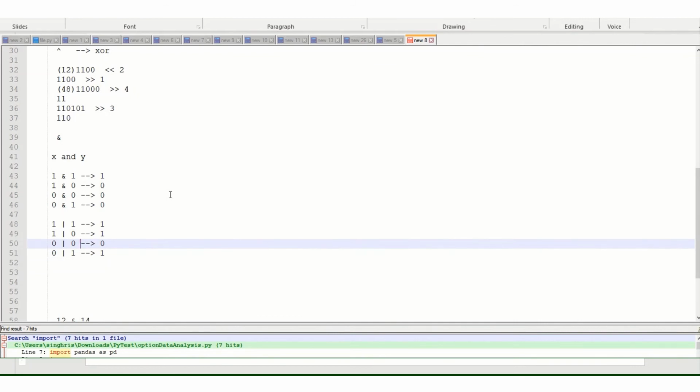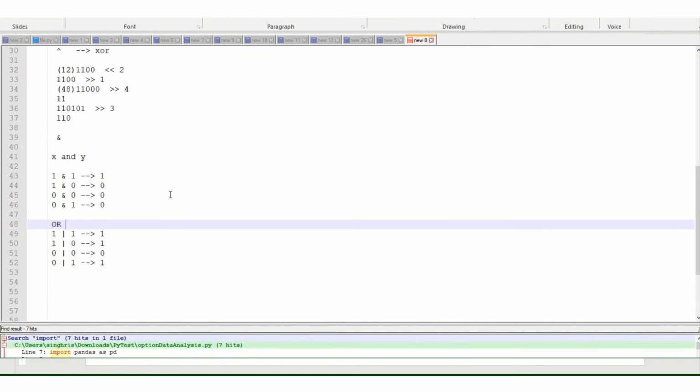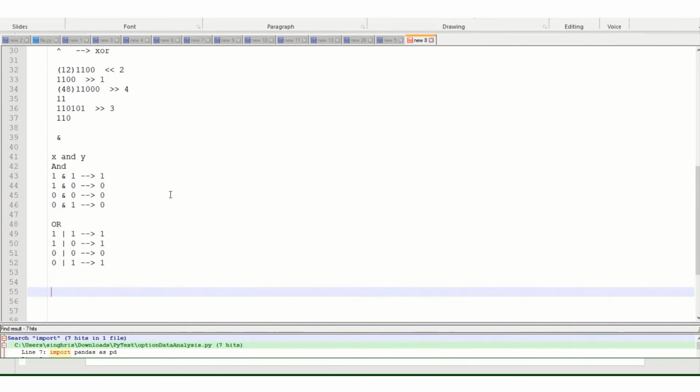Only if both of them are 0, then it is 0. This is the OR, and this is the AND. Now let's take one more example. Suppose you have a value 101 and you have the OR operator with 001. What will be the answer?